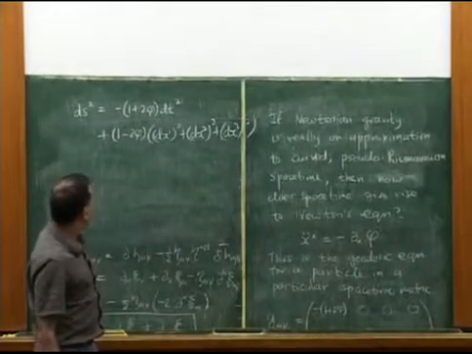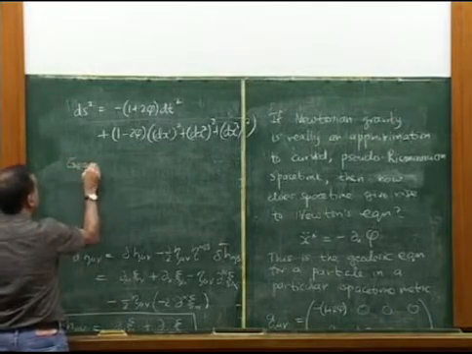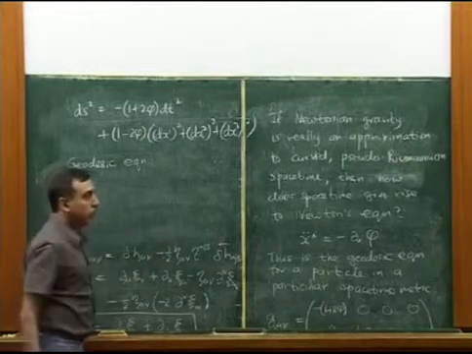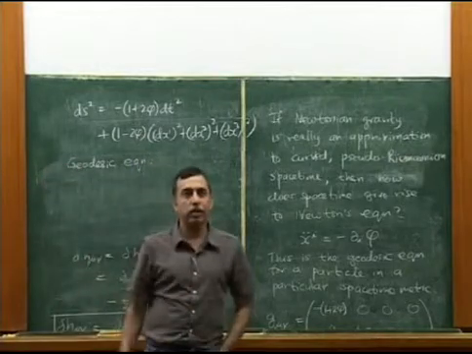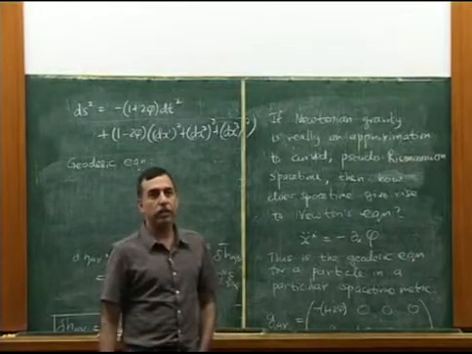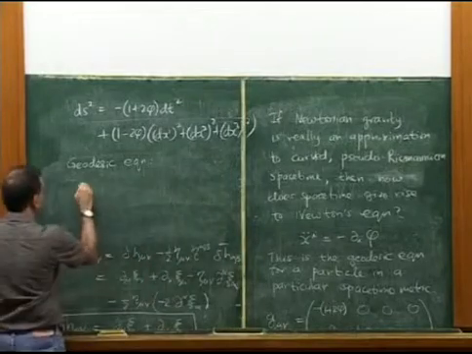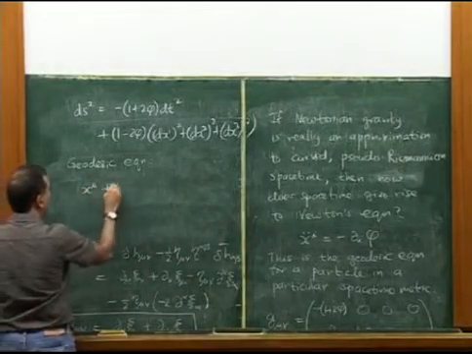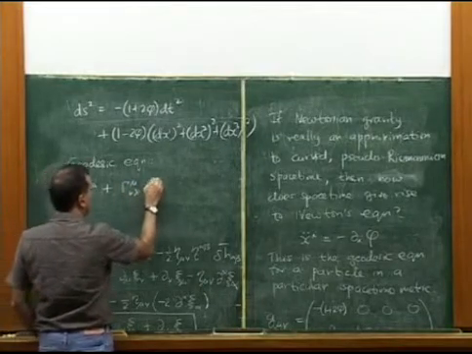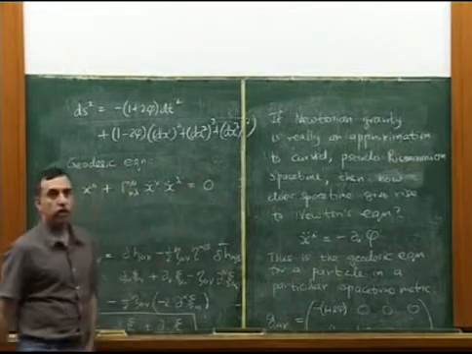Good. Now we have a metric. We want to calculate the geodesic equation. And the geodesic equation is pretty much the same as the one that you already learned how to derive for a conventional Riemannian manifold. It's just formally the same equation. It is x double dot mu plus gamma mu lambda nu x dot lambda x dot nu equals 0.